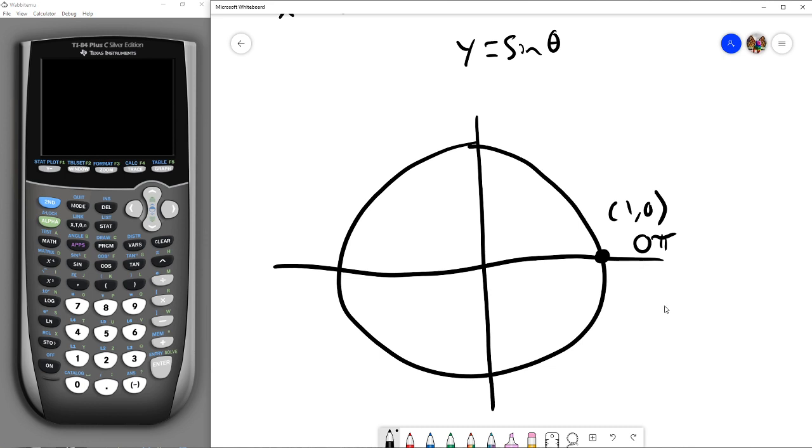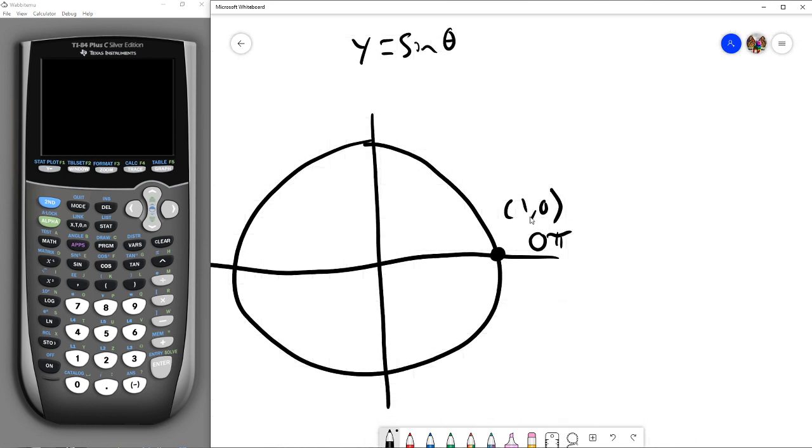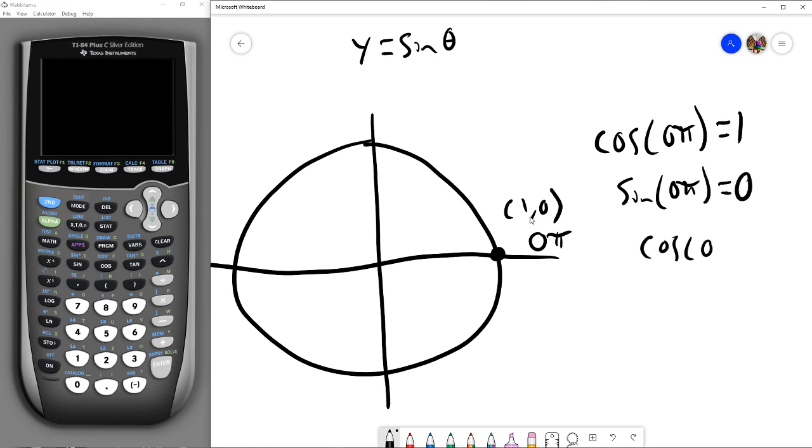So this point tells us that cosine of 0 pi is going to equal 1, and sine of 0 pi is going to equal 0. Or in other words, cosine of 0 is equal to 1, sine of 0 is equal to 0.